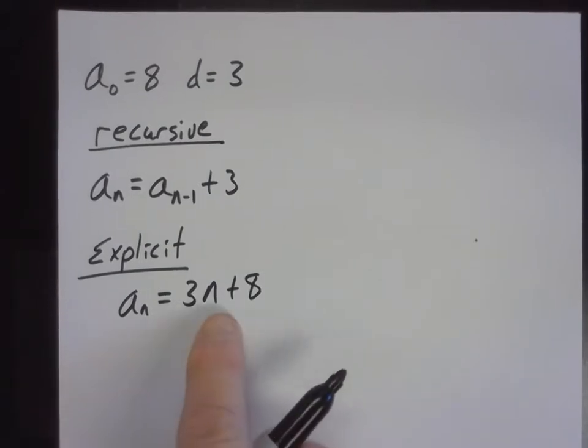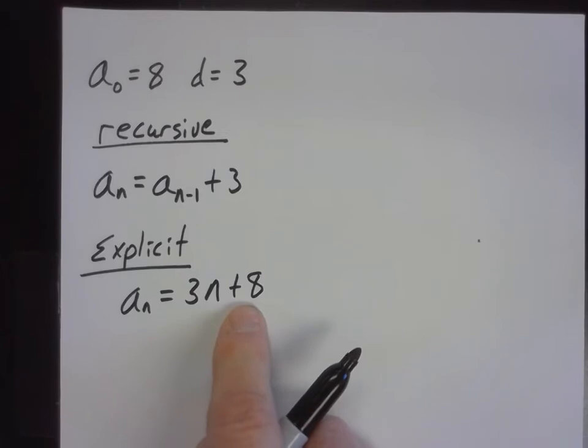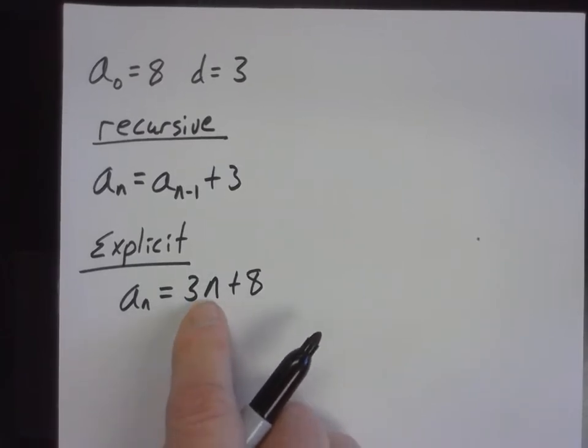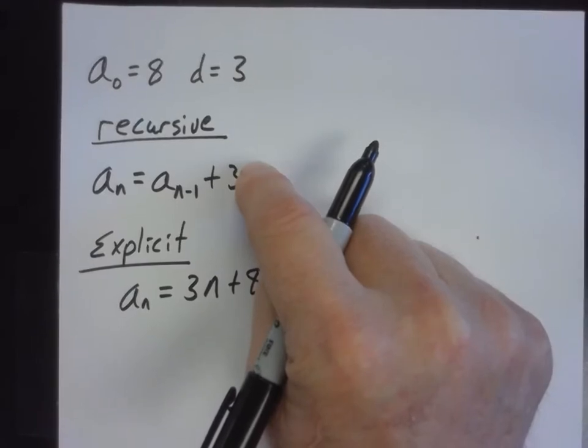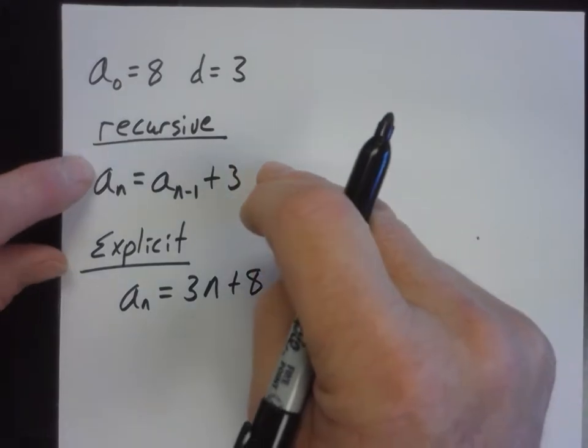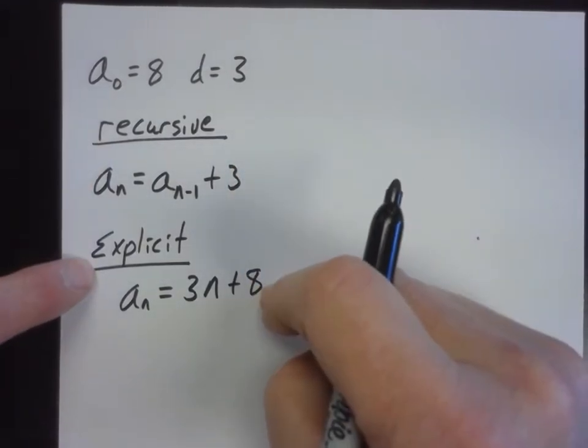So y equals mx plus b. We've been doing this one already, haven't we? But before you can write an explicit rule, don't you need to know how to get the next one, right? Okay, so recursive rule, how do we get the next one? Explicit rule, how do we get any one that we want?